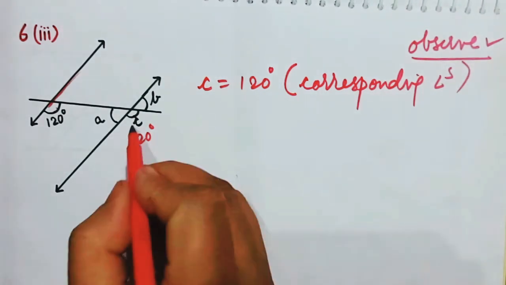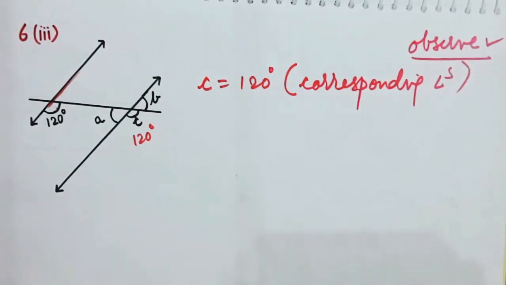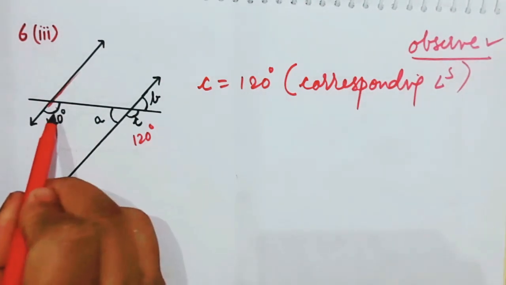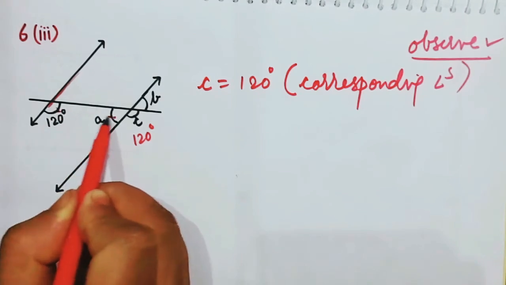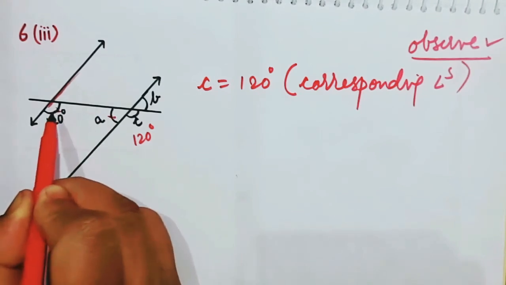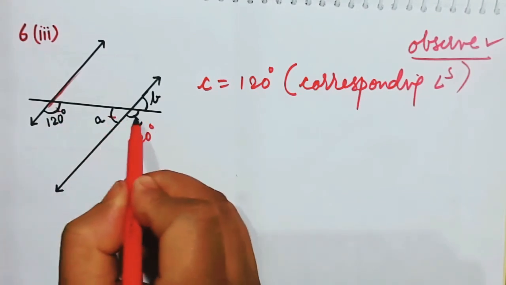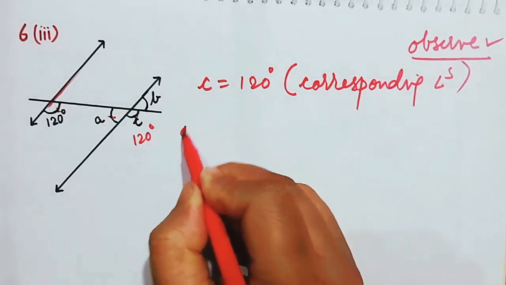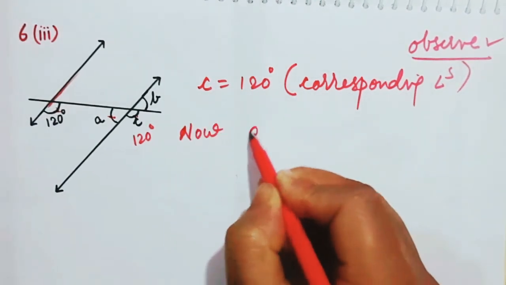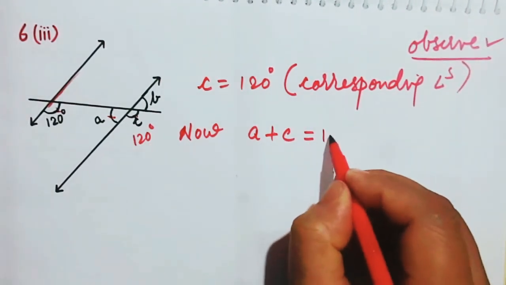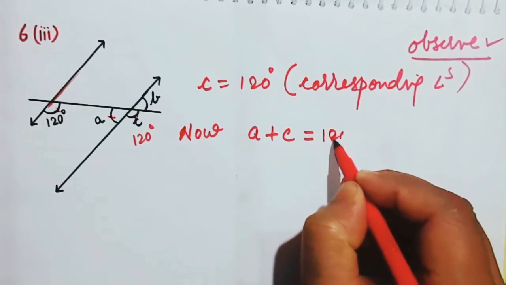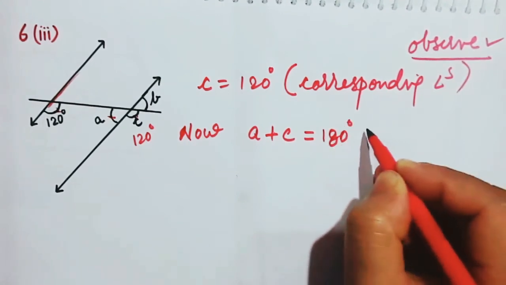Now, what about A? Either you can use A plus 120 is equal to 180 because they are co-interior angles, or you can use A plus C is equal to 180 degrees. Why?